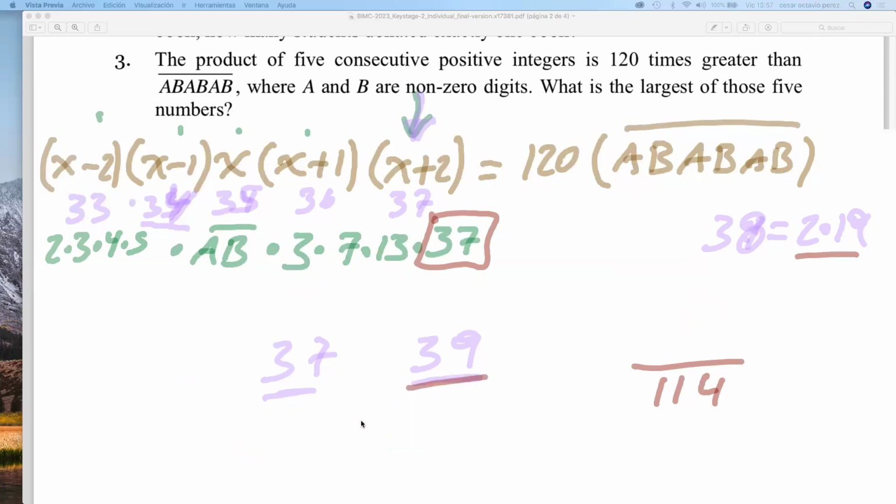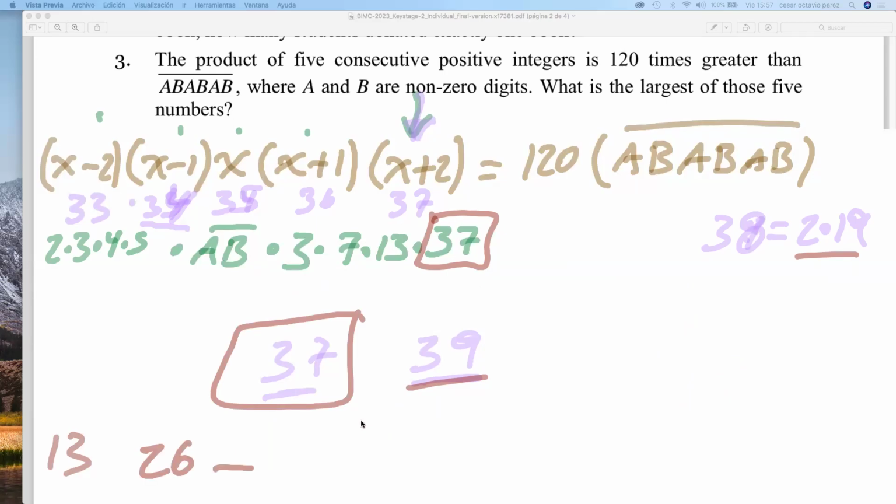We cannot have 13 because it's very far from the 37, okay? We cannot have a 26 because we need a 27, 28, 29, 30, 31, 32, more than 5 numbers in order to reach the 37, ¿sí?